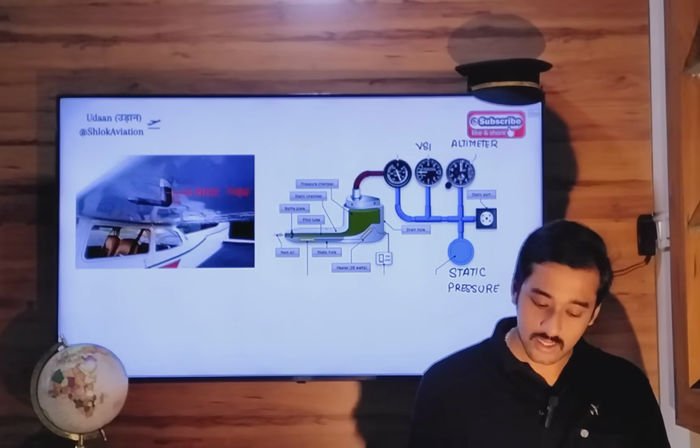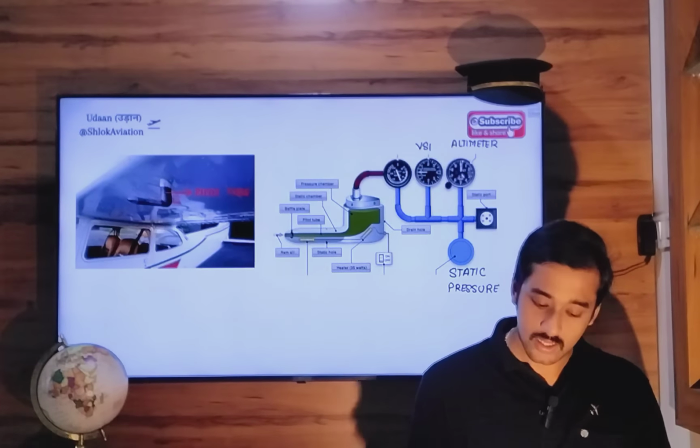Now, consider this is your airspeed indicator. In this airspeed indicator, there are aneroid capsules, and these aneroid capsules are directly connected to the pitot tube of your aircraft. This airspeed indicator also works on static pressure.